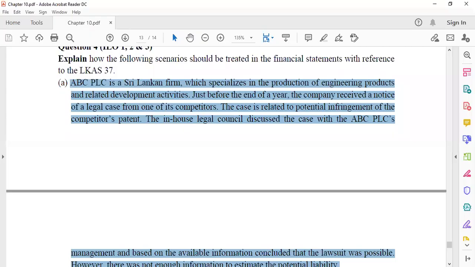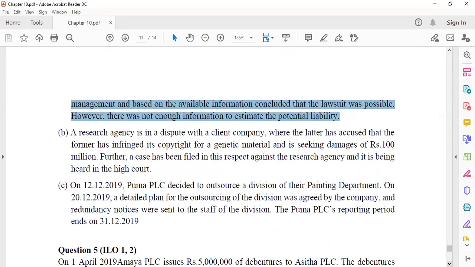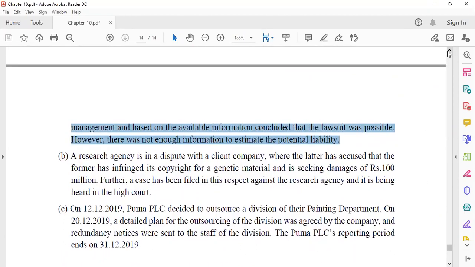Let's look at the second one. It says a research agency is in a dispute with a client company, where the latter has accused the former of infringing its copyright for a genetic material and is seeking damages of rupees 100 million.